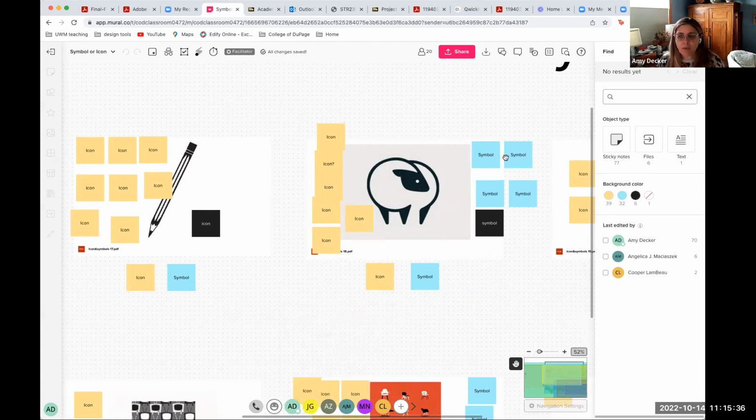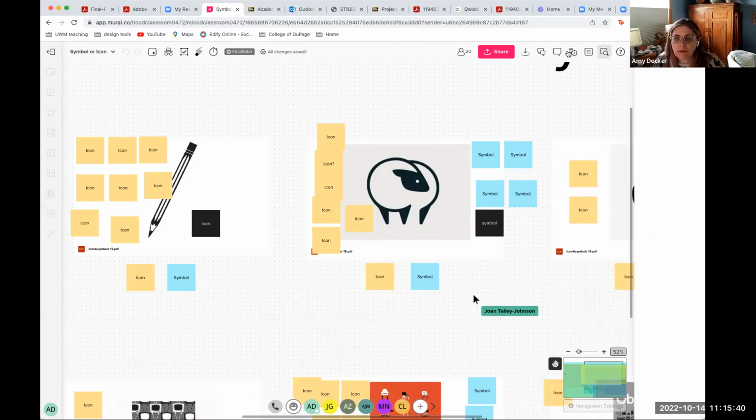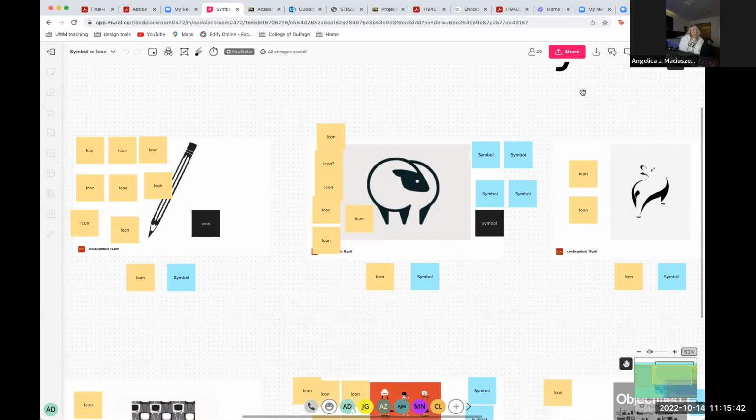You've told me that it's a symbol. Who would like to share why they chose symbol? I mean, it could be an icon representing, like on a shampoo bottle, that it's environmentally friendly or grass fed or something. But it also seems a little too complex to be an icon.